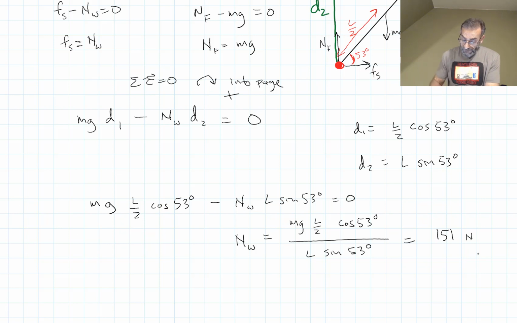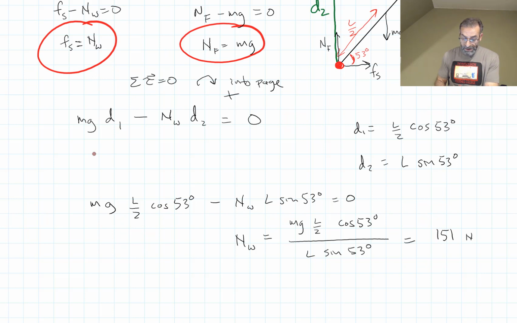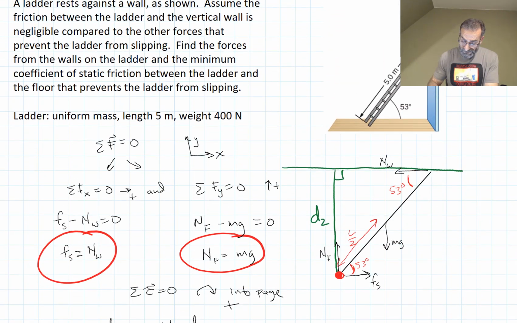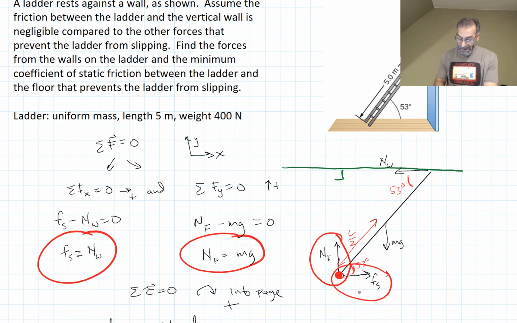So I can go back and I can say, I've got two other expressions I can use. The friction force has to equal that, because the friction force equals the normal force with the wall. And I know the maximum friction force is going to be mu times the normal force. Well, which normal force? It's this normal force right here, because that normal force with the floor is what's creating this friction force.